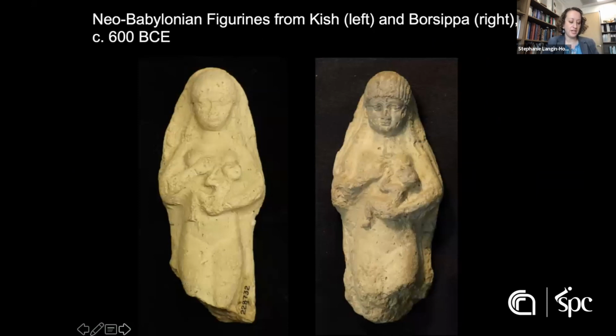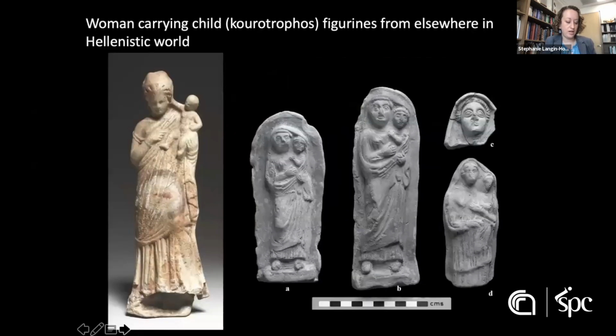In their form and style, they were also in close dialogue with other woman and child chorotrophos figurines in the Hellenistic Koine, particularly figurines from Israel, Ptolemaic Egypt, and the Greek cities of southern Italy, as many of you know far better than I do. In utilizing this motif, the people of Hellenistic Babylonia demonstrated both their deep local roots in Mesopotamia, as well as their connections with the wider Hellenistic world.